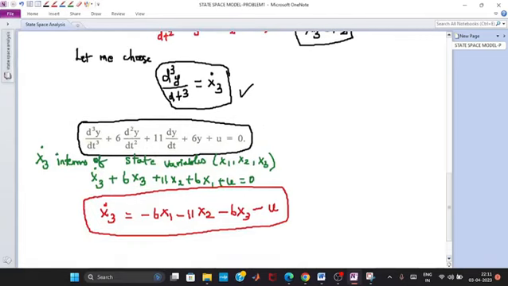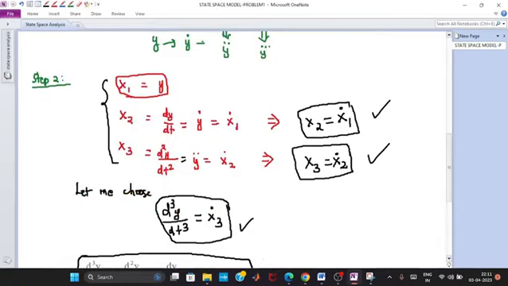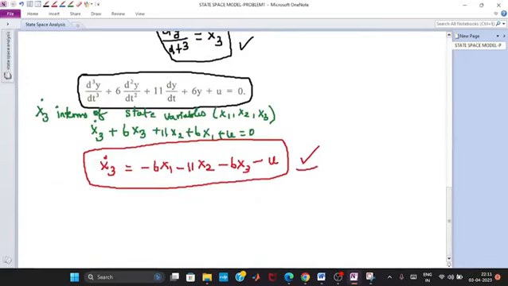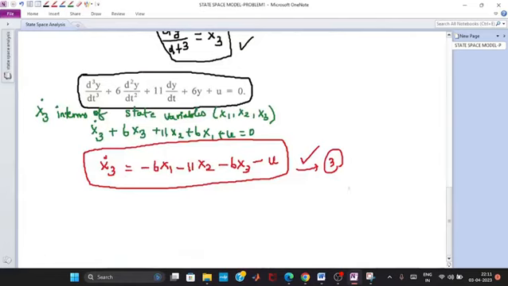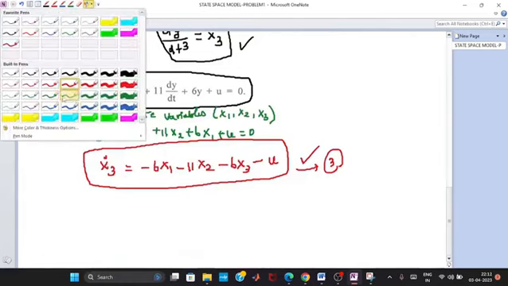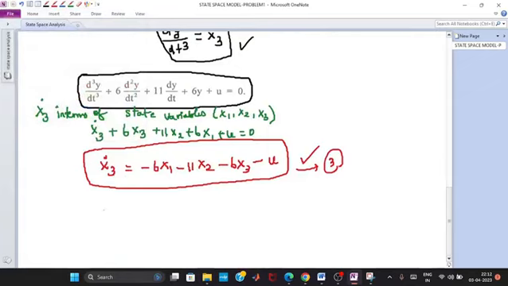So now what do I have to do? Here we have the equations. This is equation number 1, this is equation number 2 and this is equation number 3. Now we have to put each equation into a matrix format.